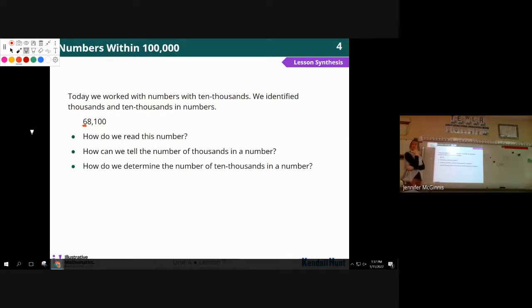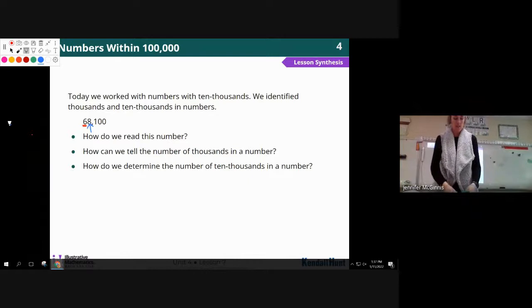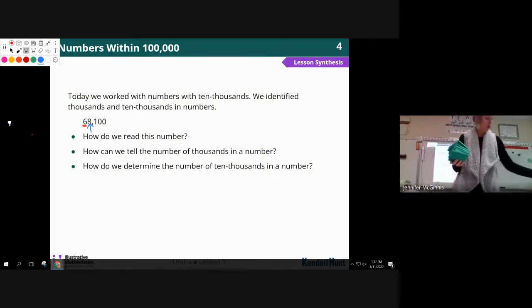Because it's after the 8, right after the comma. Whatever digit we have directly after the comma is how many thousands we have. So how many thousands are in this number? 8. And 1,000 looks like this or one of these tall ones.